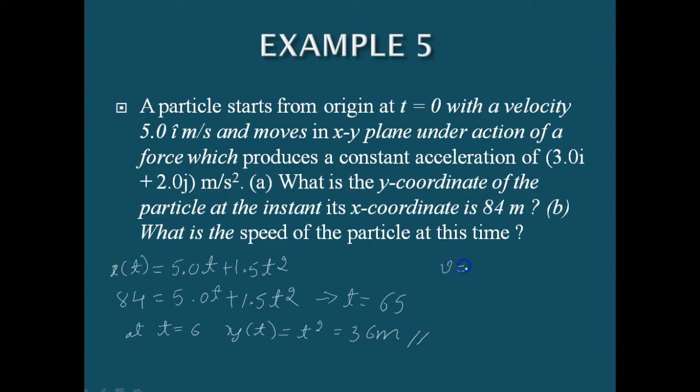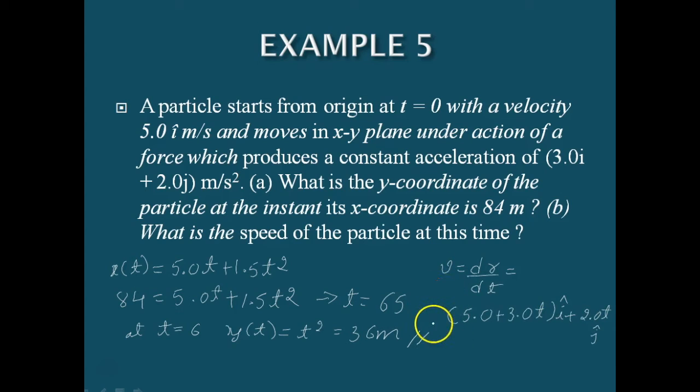We can represent the velocity v as dr/dt. We know the position vector, so if you differentiate that position vector, we get (5.0 + 3t) î + 2t ĵ.